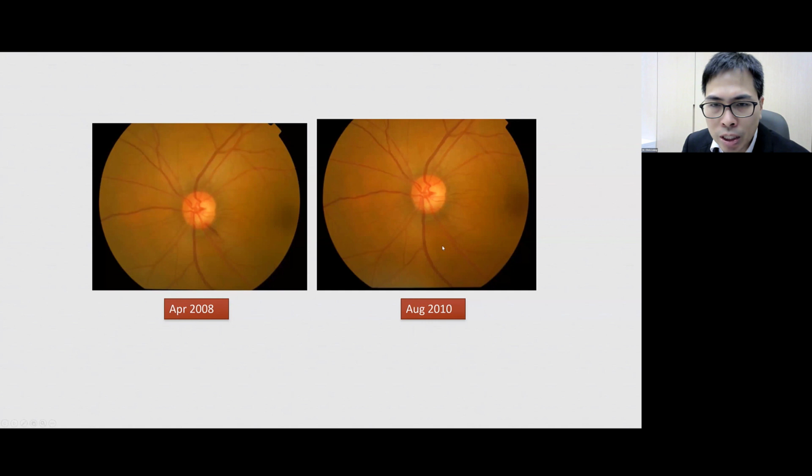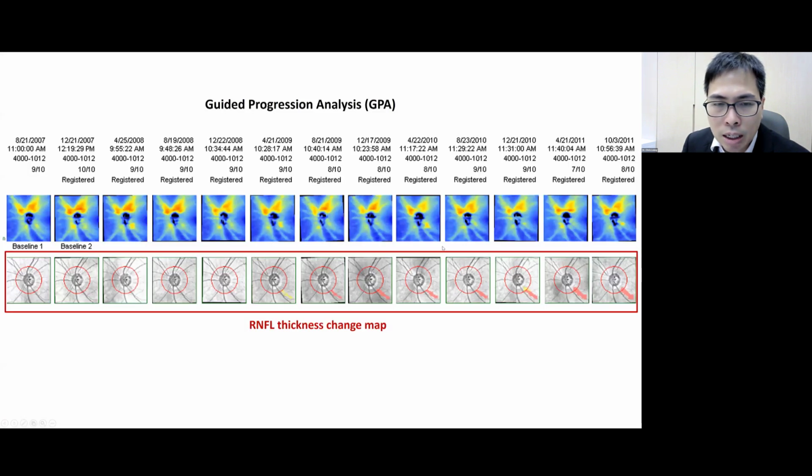It's so difficult to see, and that's why OCT is particularly important in these regards, which allows us to perform an event analysis. Again, this is also called guided progression analysis, or GPA. And in this eye, what we see is a series of retinal nerve fiber thickness maps on the top, and then the change map, which we call the RNFL thickness change map, a statistical pixel by pixel comparison.